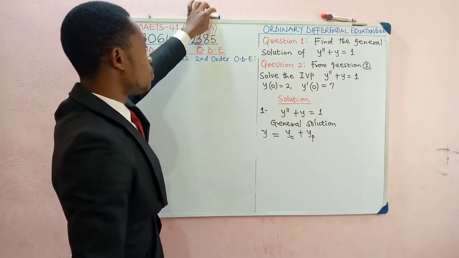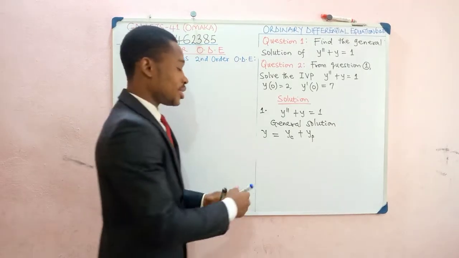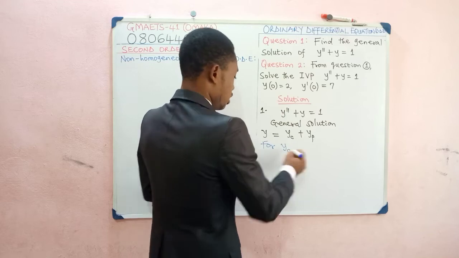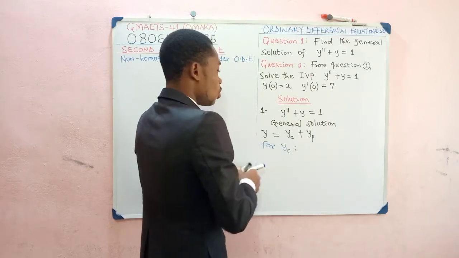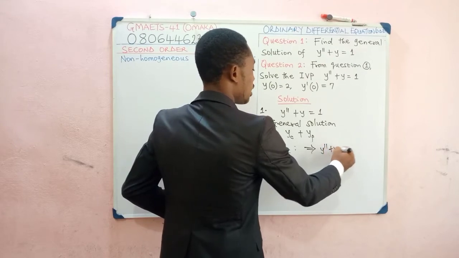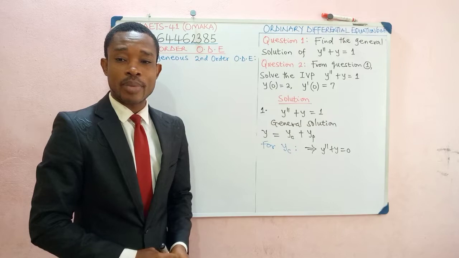Now, what does this mean? We are going to obtain yc and obtain yp. And how do we get yc? For yc, we're going to solve y'' + y = 0. We use this to solve for yc, the complementary function.